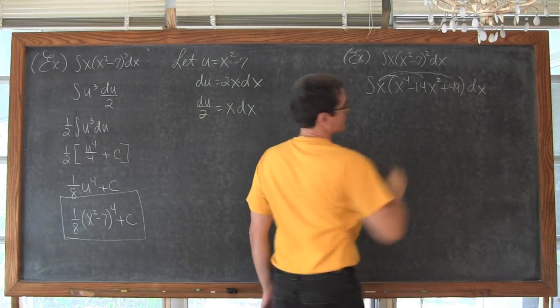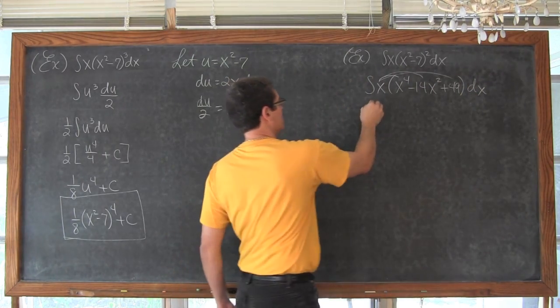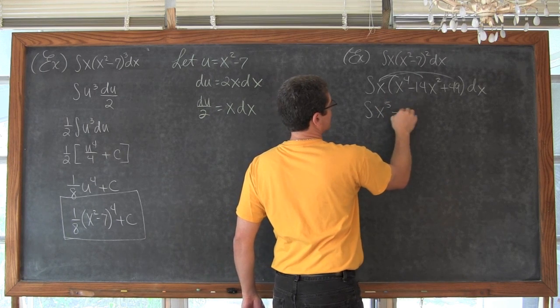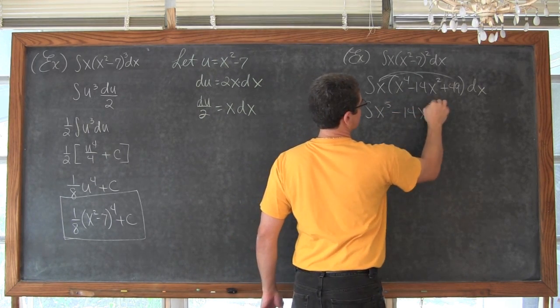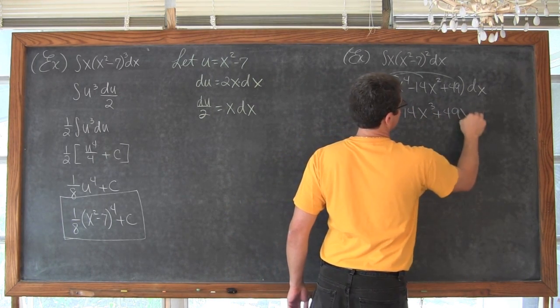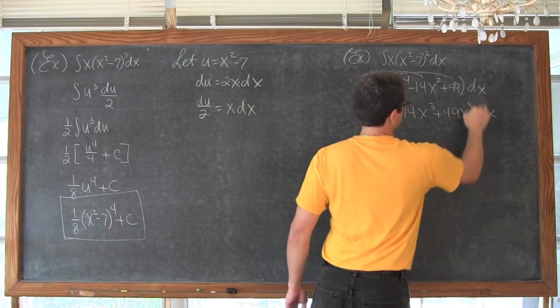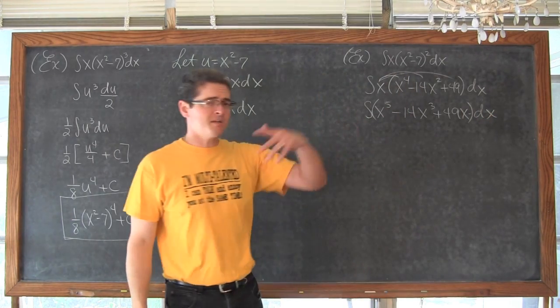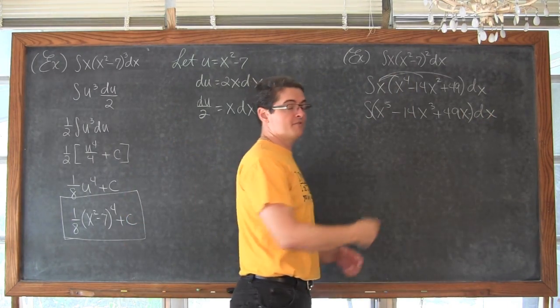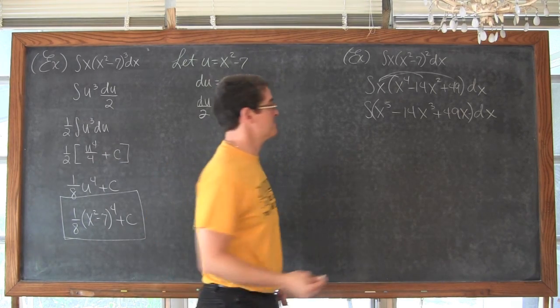Distribute this x through, and we get the integral of x to the 5th minus 14x to the 3rd plus 49x dx. And then just integrate each term separately. That's perfectly fine, and a lot of times a big time saver.